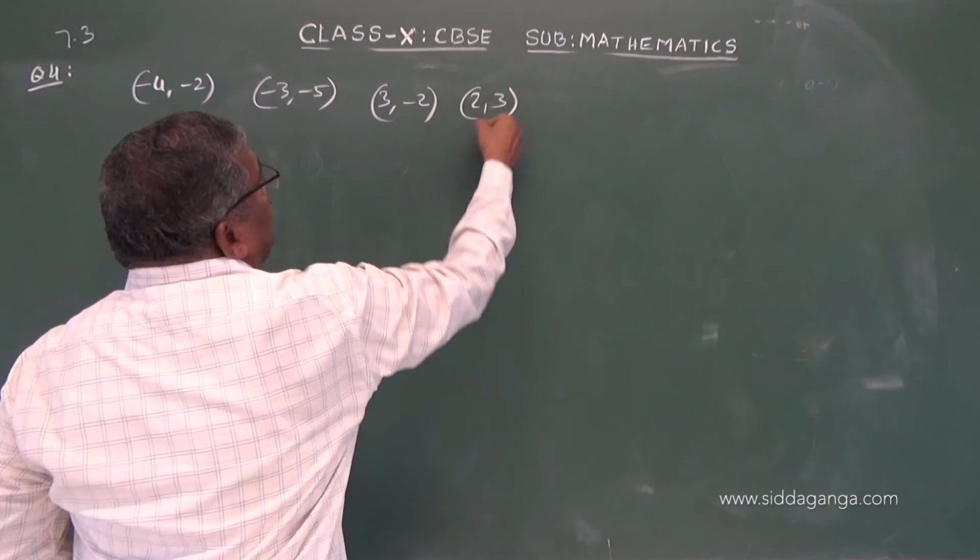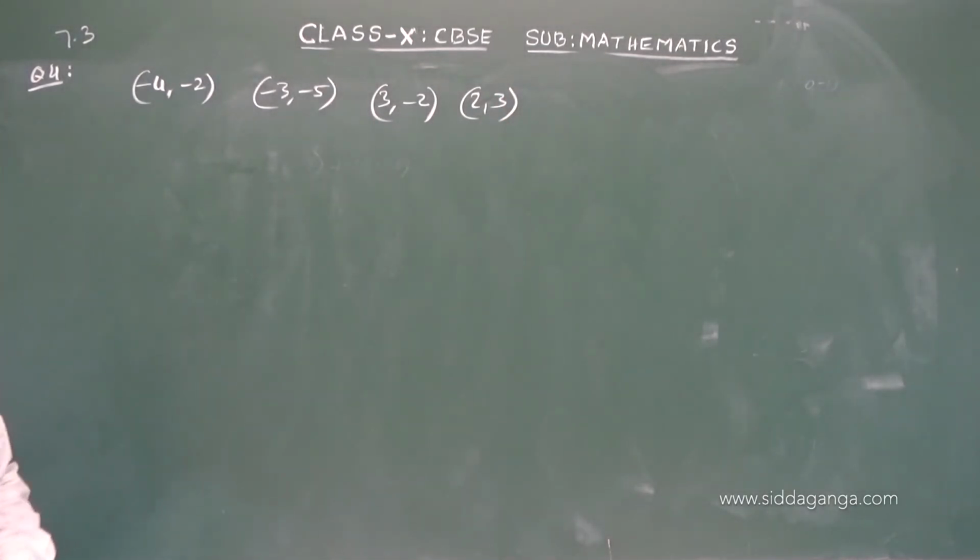So these are the 4 points given, and we are supposed to find the area of the quadrilateral formed by these 4 points.